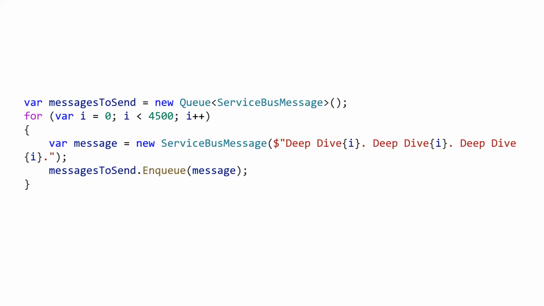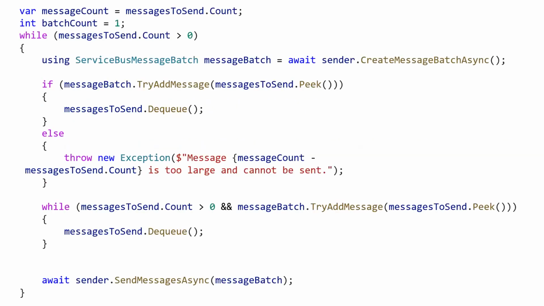What you can do is, for example, create a queue of service bus messages, and then you enqueue them. And then you can use this new API, which is called create message batch async. Then you get a single batch, and then you can call try add, and try add will return false when the batch is full.